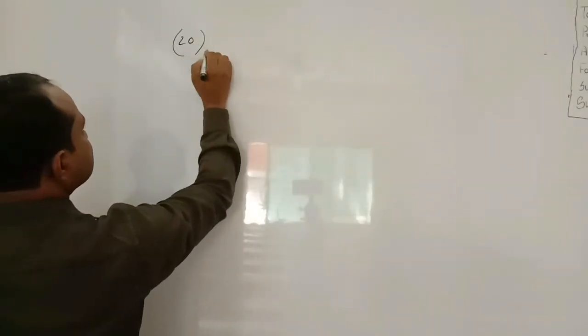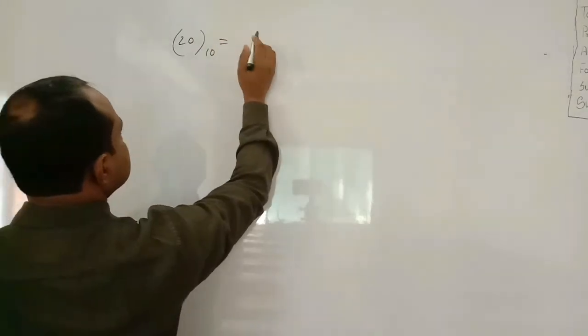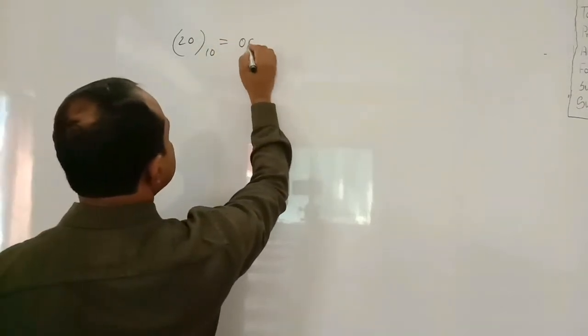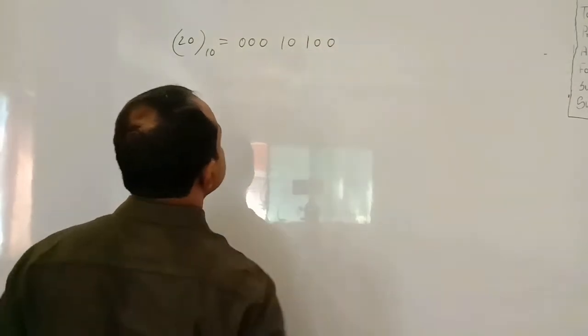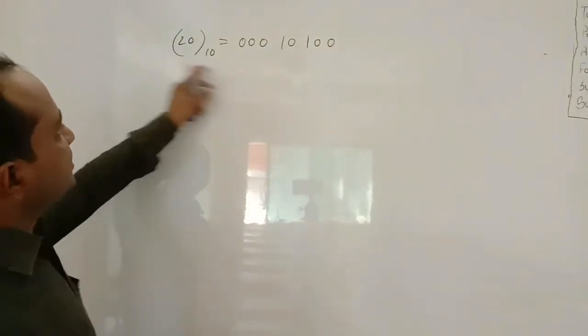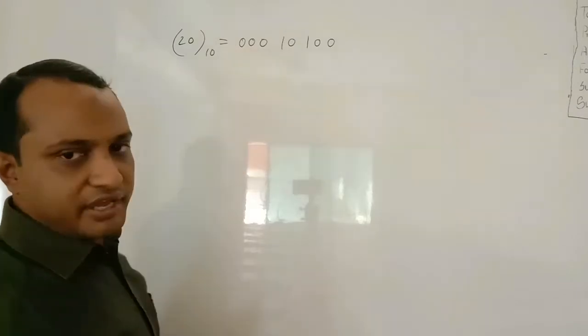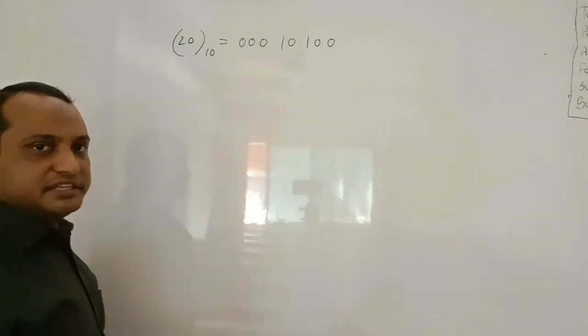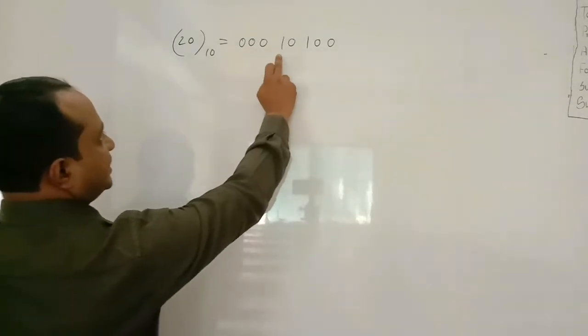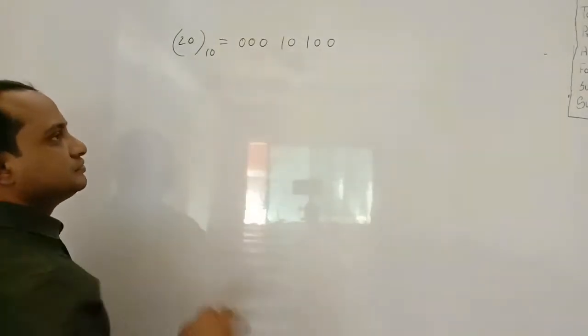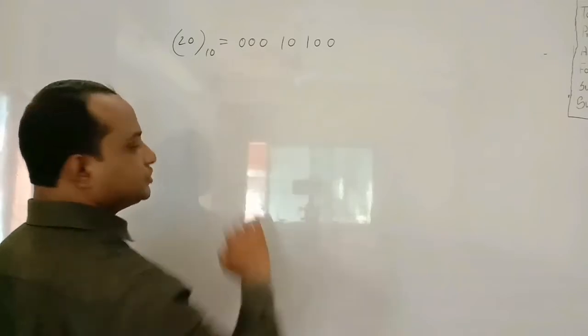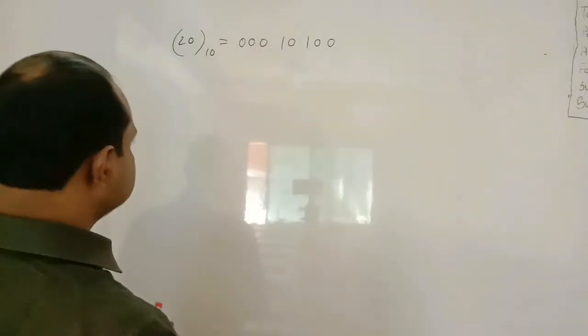Here 20 is 0 0 0 1 0 1 0 0. There are 5 bits here and I add three 0s to convert it into an 8-bit register.